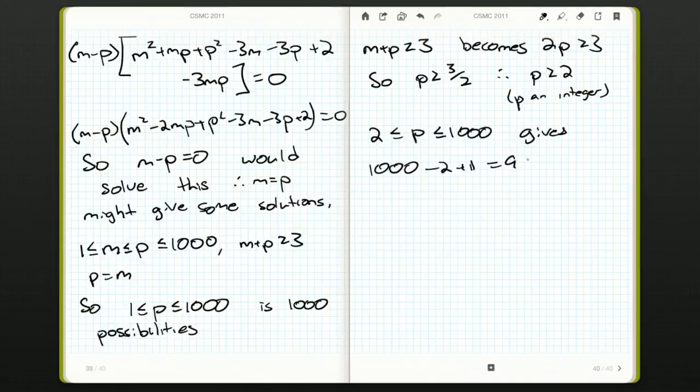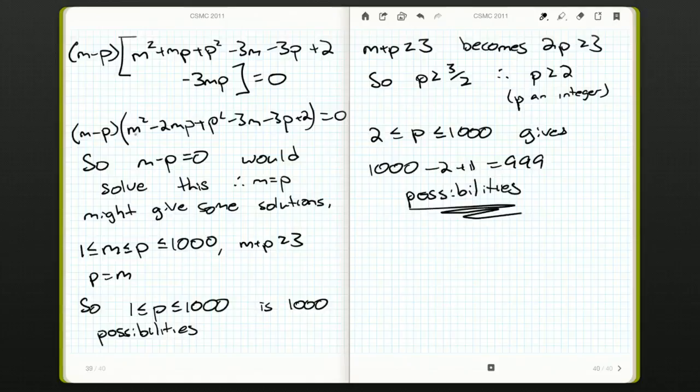And we can work that out on our calculator. It gives us 999. So right now we have 999 possibilities, and that's when m is equal to p. Fantastic.